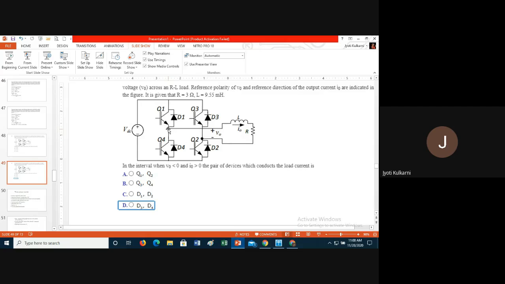Between this dot and the lower terminal of the battery there are which two devices? Q4 and D4. Fine? Q4 and D4.